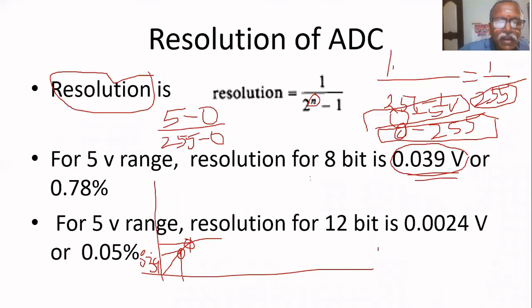So at T1 it is sampled, at T2 also it is sampled, but the difference is less than 0.039. 0.039 volts means for T1 it gives, say, 200.